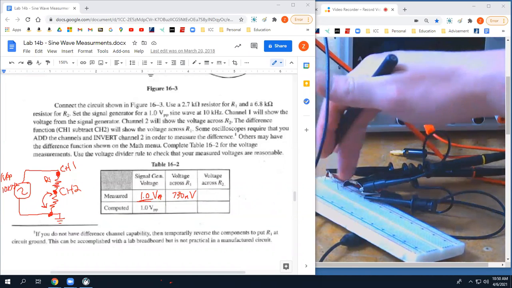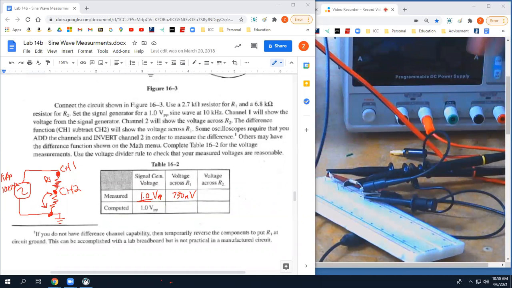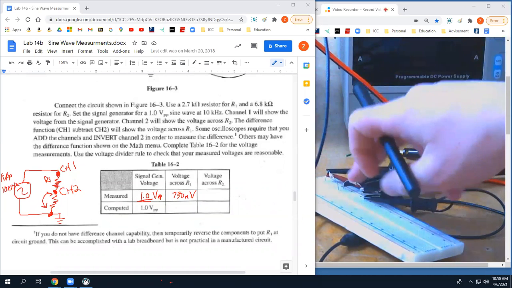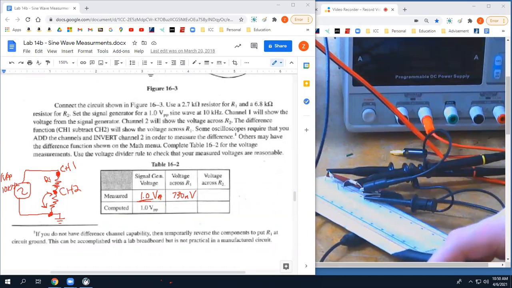You would go through the channel 1 ground through your scope and back to this common. So for the sake of time, I'm just going to say we just compute it, like you said.